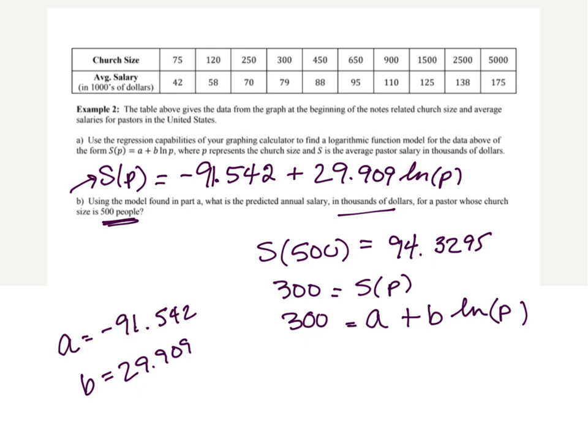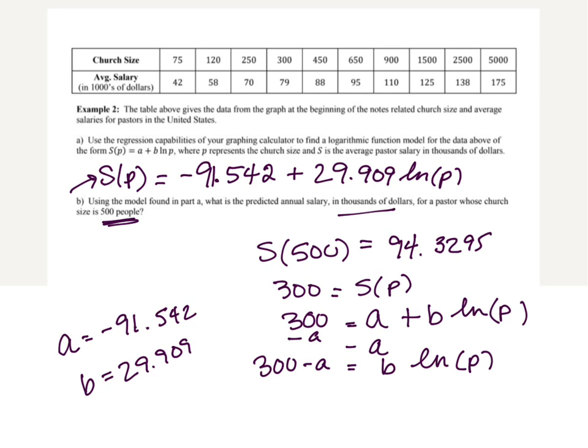Let's first solve for P. So how are we going to do that? What's my first move? Subtract A. So 300 minus A is equal to B natural log P. Y'all with me? Now what?